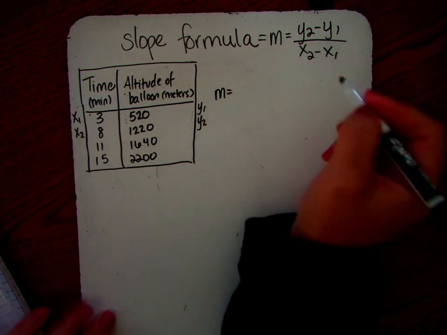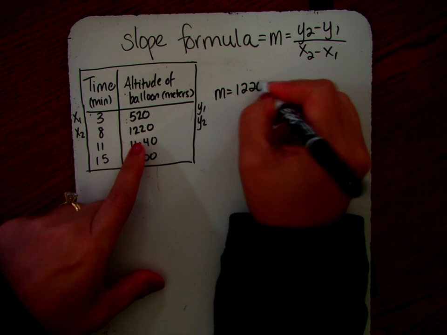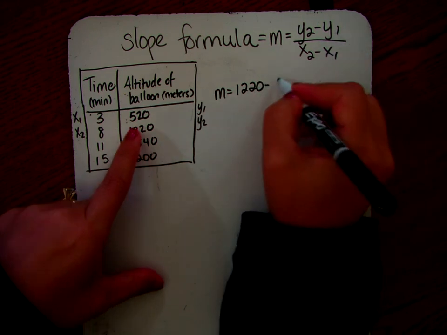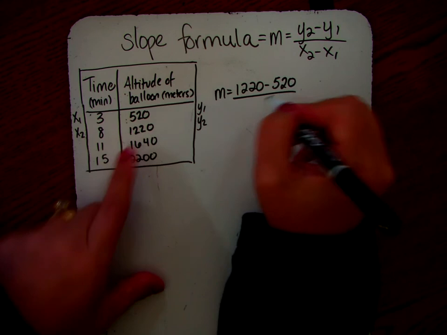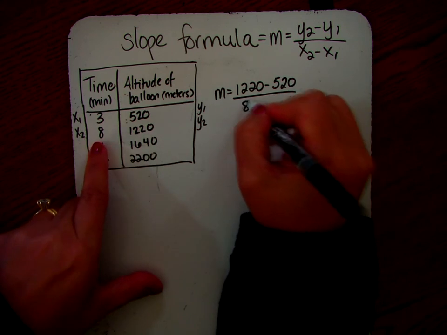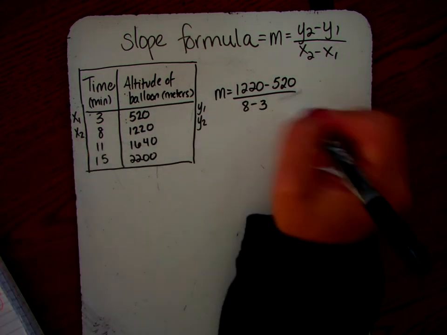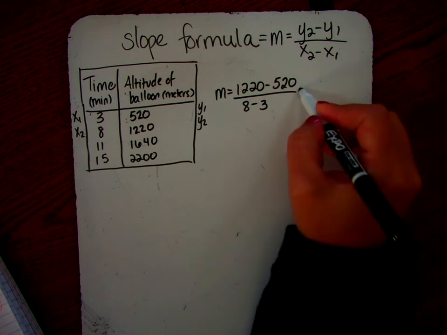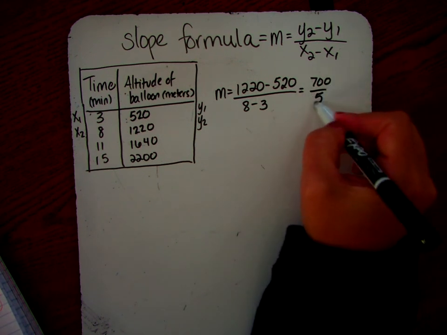So if I take y2, 1,220, minus y1, which is 520, divided by 8, which is x2, minus x1, which is 3. That's going to give us 700 over 5.